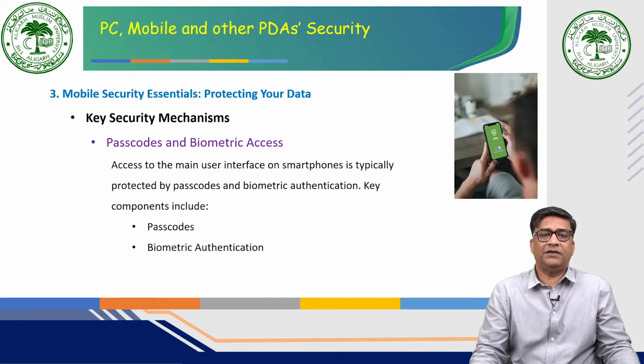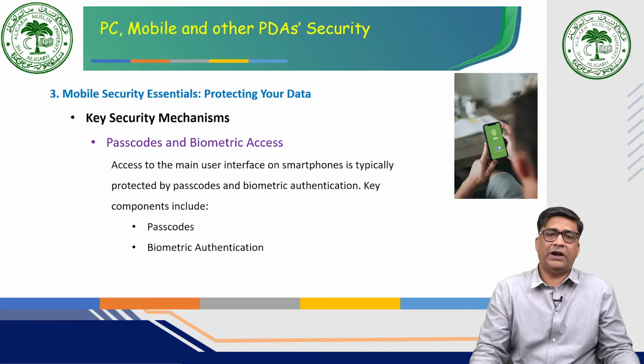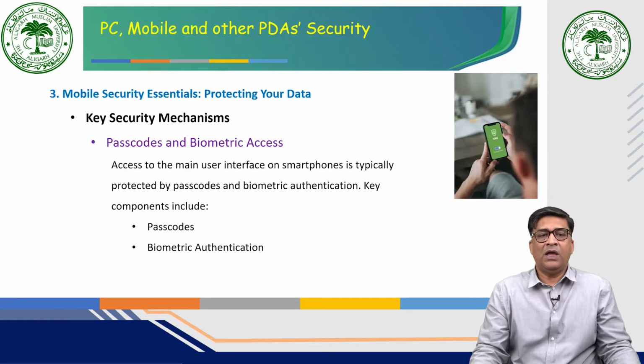Now let's discuss another key security mechanism that protects the data, which is passcode and biometrics access. Access to the main user interface on a smartphone is typically protected by passcodes and biometric authentication. These are designed to ensure that only authorized users can unlock and interact with the device.